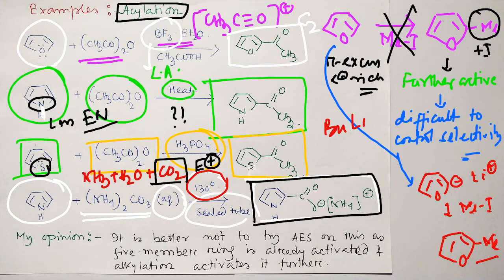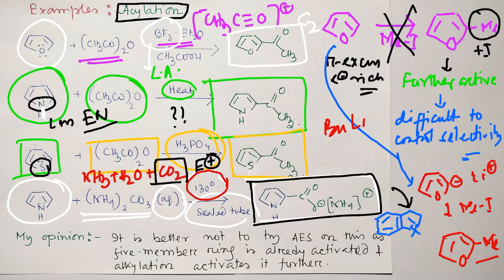By the way, one important piece of information I want to share: we are discussing simple pyrrole and furan derivatives, but if you take a benzene-ring-fused system, such as indole, benzofuran, or benzothiophene, in those cases aromatic electrophilic substitution prefers the C3 position. I have discussed this in a dedicated video on indole.